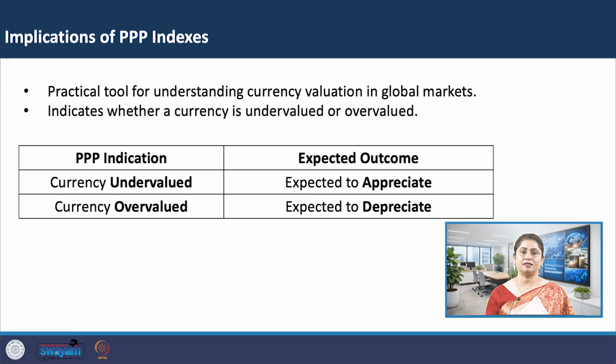If the index suggests a currency is undervalued, that is, goods are cheap in that country relative to what the exchange rate implies, that currency is typically expected to appreciate over time as markets correct. Conversely, if the index suggests a currency is overvalued, then it means goods are expensive relative to the exchange rate. That currency is expected to depreciate in future.